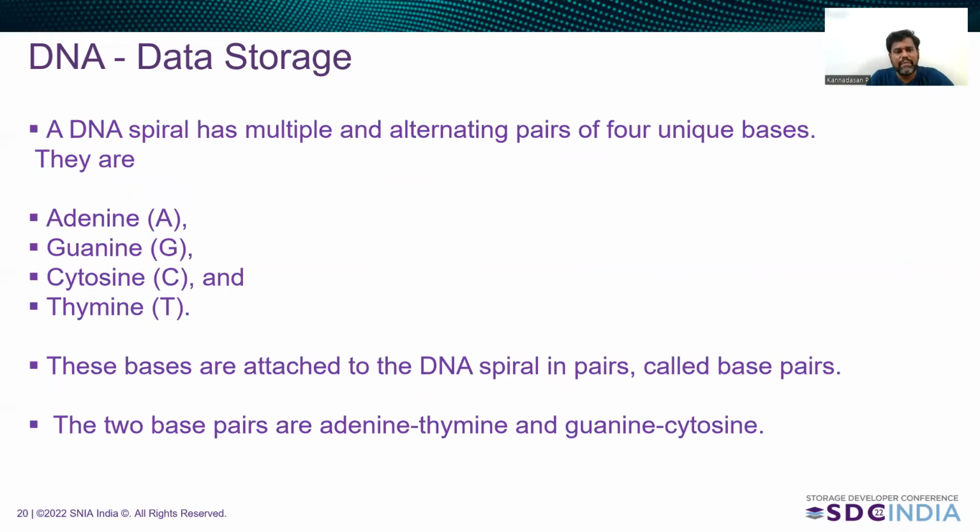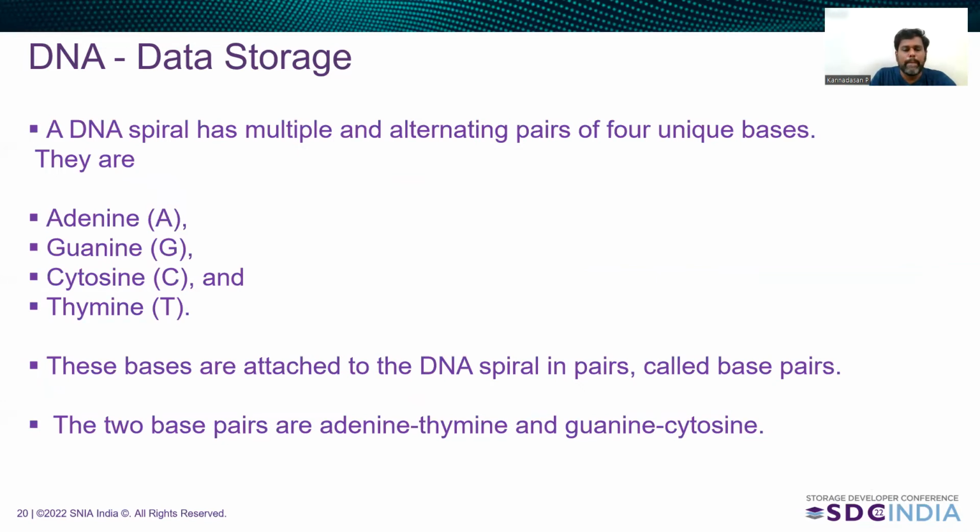A DNA spiral has multiple alternating pairs of four unique bases. They are adenine, guanine, cytosine, and thymine. These bases are attached to the DNA spiral in pairs called base pairs.